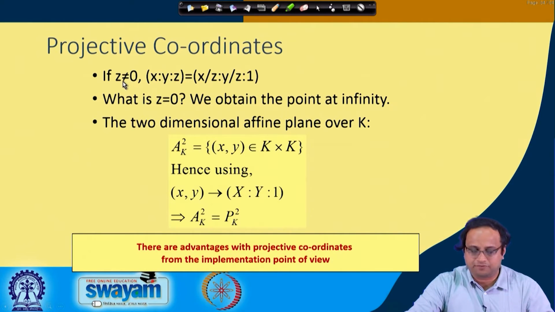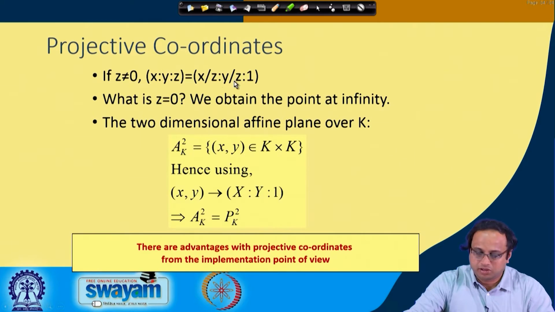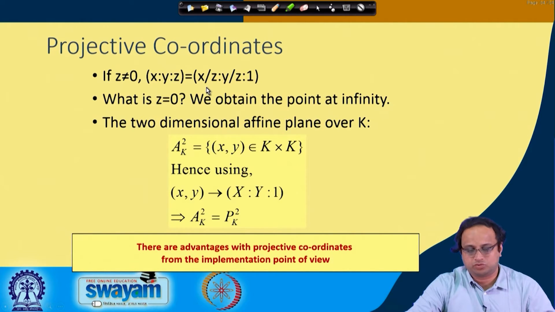So what we do is typically take the affine coordinates x, y, okay, and transform that into a projective domain. So I write the x coordinate as x by z and the y coordinate as y by z.